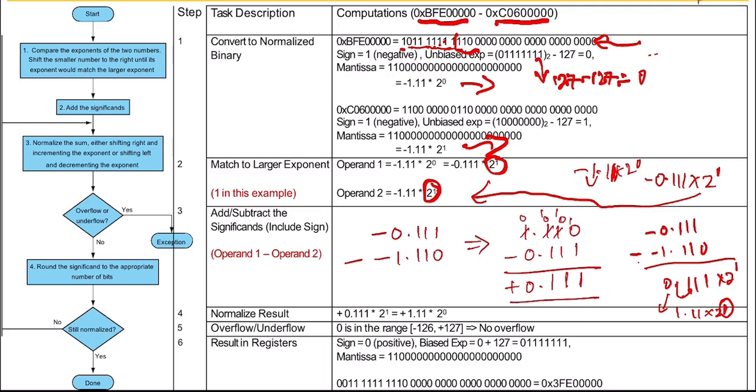If the exponent is within your expected range, then it's not an overflow. For single precision, the exponent can be from negative 126 to positive 127. So there's no overflow. Now that you're done with everything, all you need to do is put the results back in your register and you will be good.